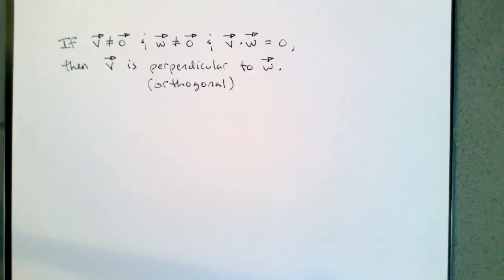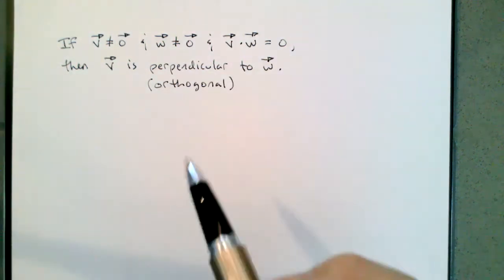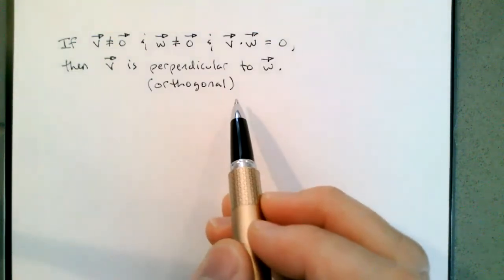So we just need practice calculating the dot product and then knowing that it can be used to tell us the angle between the vectors. Or if we have the angle between the vectors, we could use that to calculate the dot product. So this word is orthogonal.